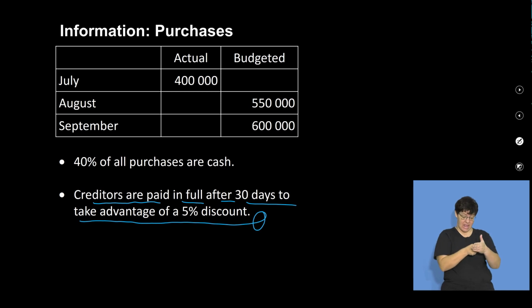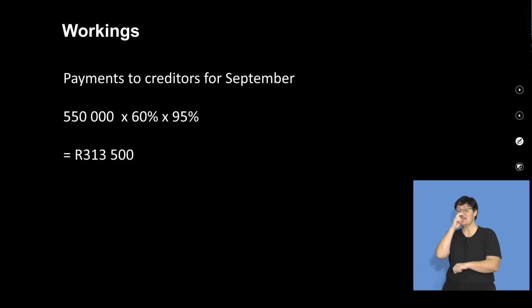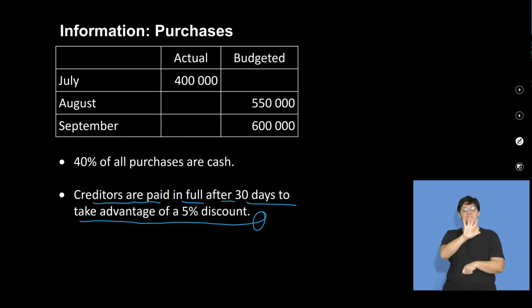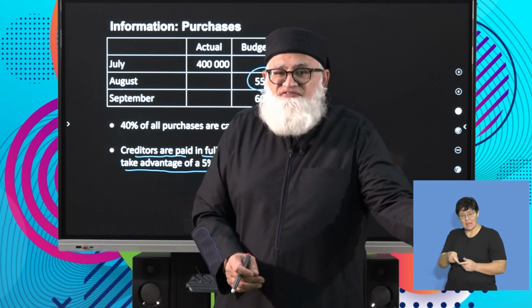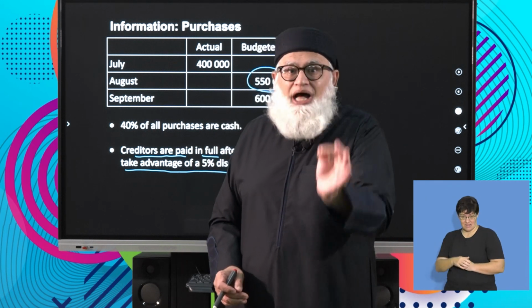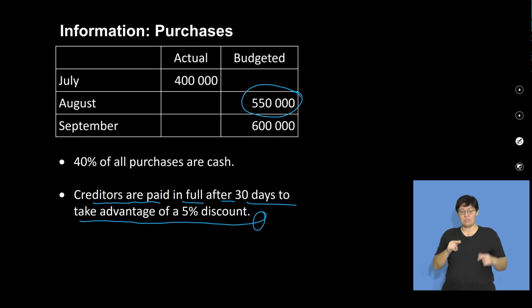So, clearly you can see that you will now need to work on the 550,000, because that is what you bought in August. The amount that you will pay for cash obviously will be in August, but the credit component you'll pay in the month thereafter. So, obviously you start off with the 550,000.